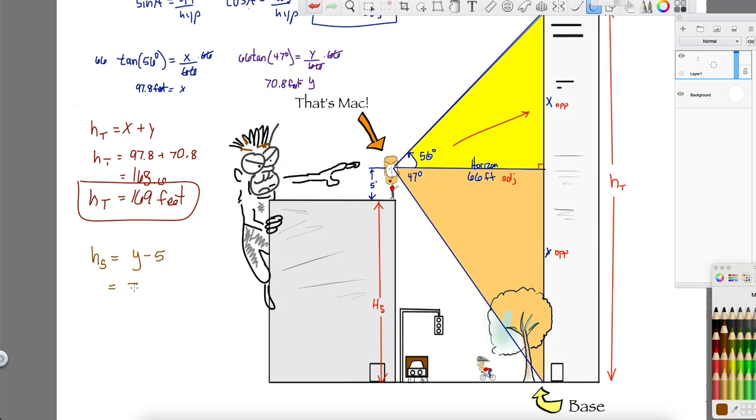So our y was 70.8 minus 5, and that is 65.8, rounded to the nearest foot is 66 feet.